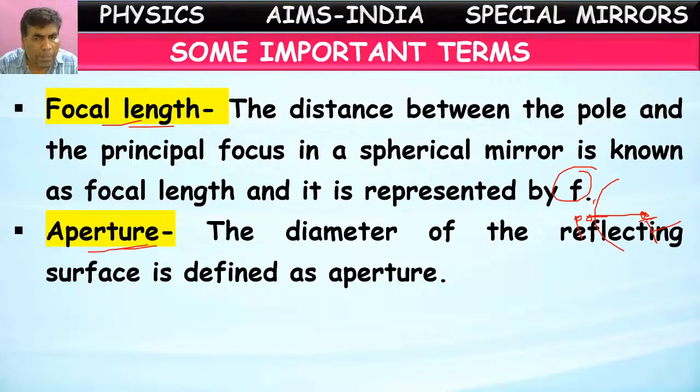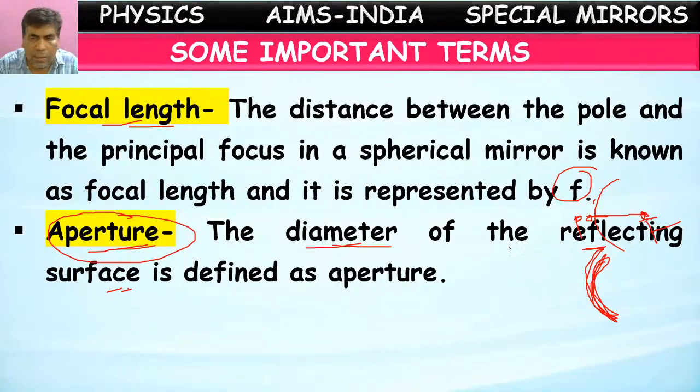Aperture. What is aperture? The diameter of the reflecting surface. Whatever reflecting surface is there, that reflecting surface's diameter is called aperture.